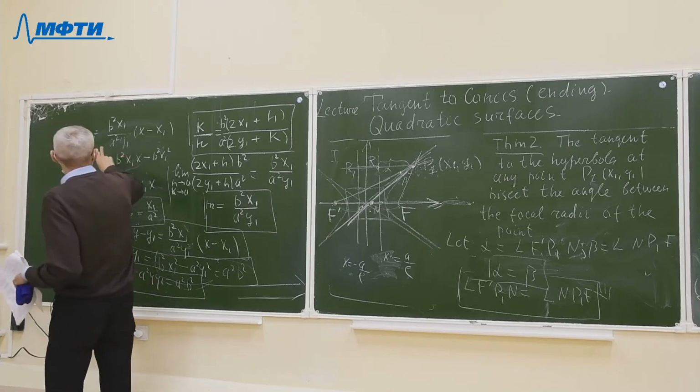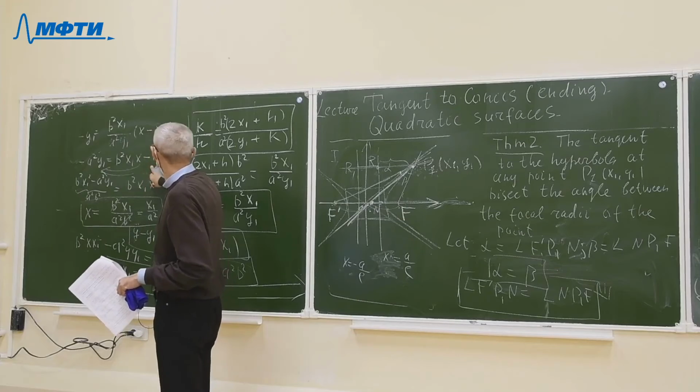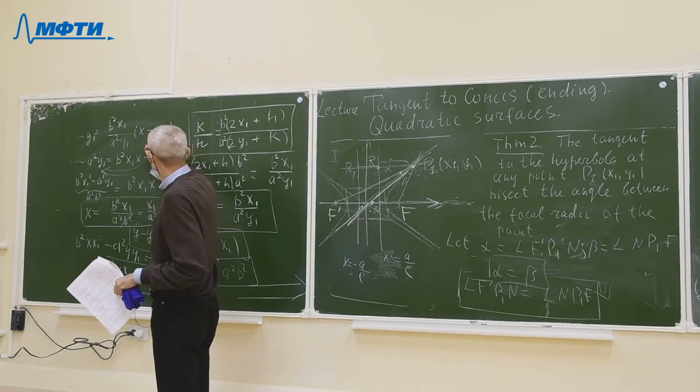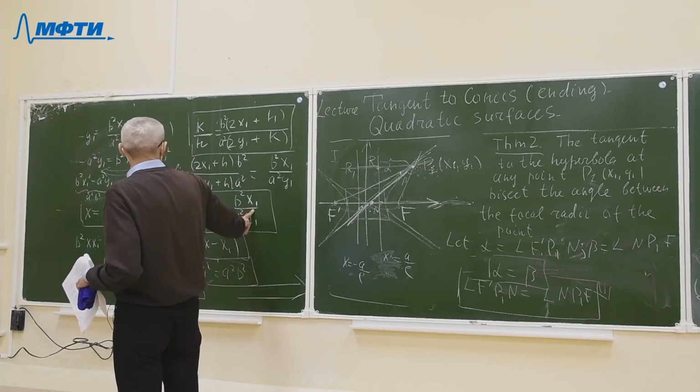No, the first line, Professor. This equation, right? The first line. Minus a squared times y1 and then times another y1 when we move on to the second line.